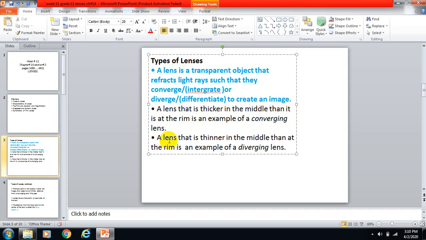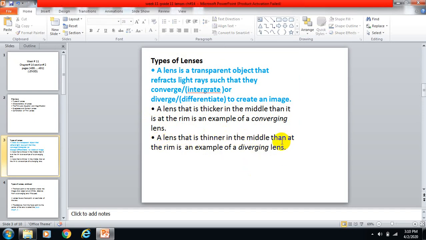A lens that is thinner in the middle than at the rim is an example of a diverging lens. Understand? For the structures of convergent and divergent lenses, I was not able to copy them for you, so you have to follow page number 489.